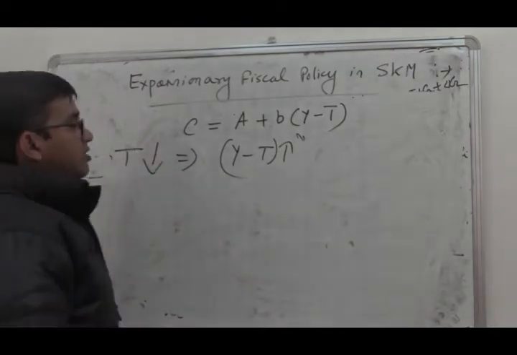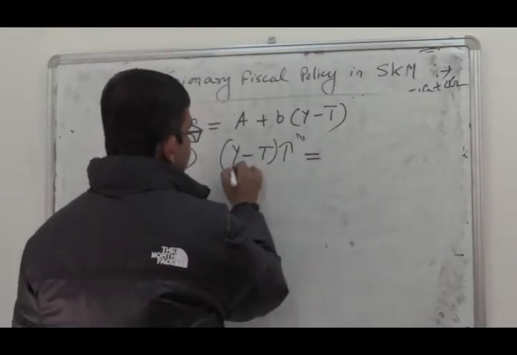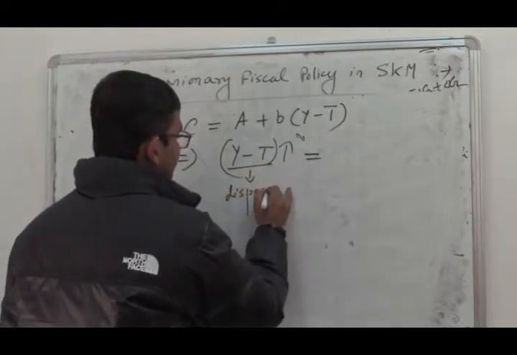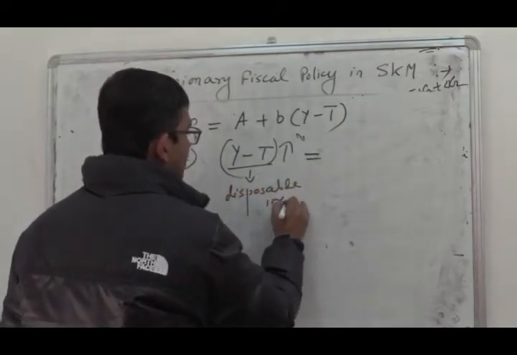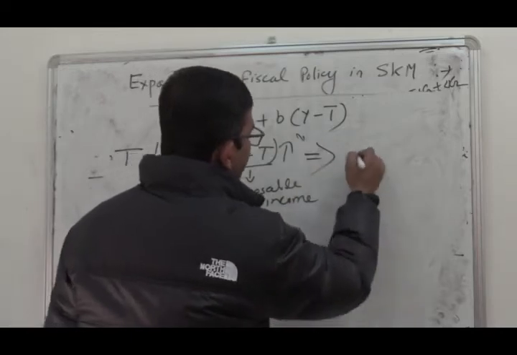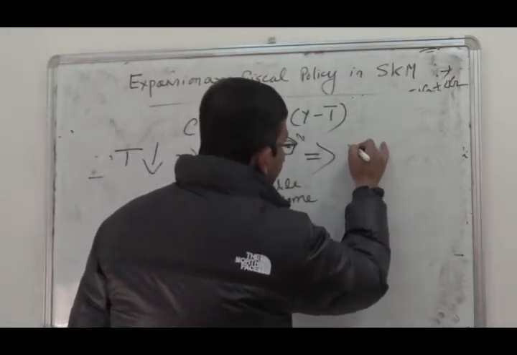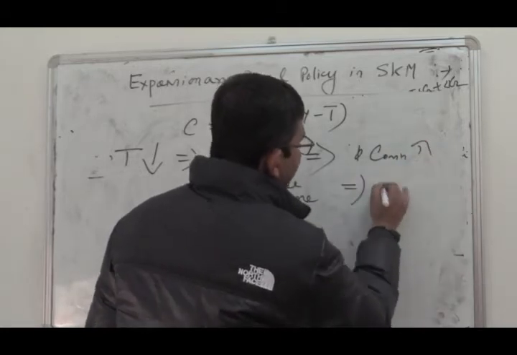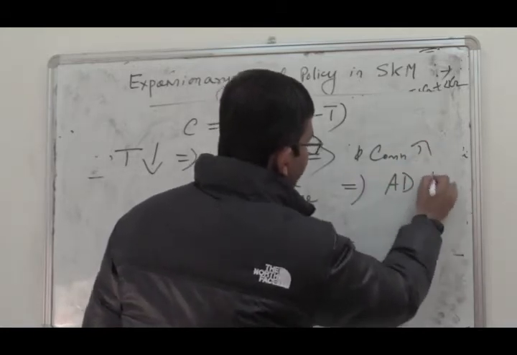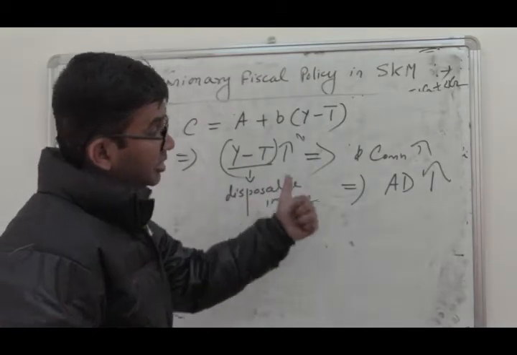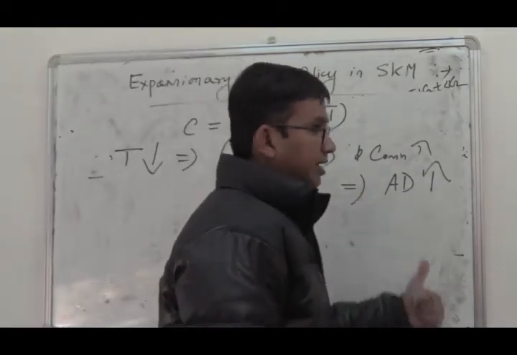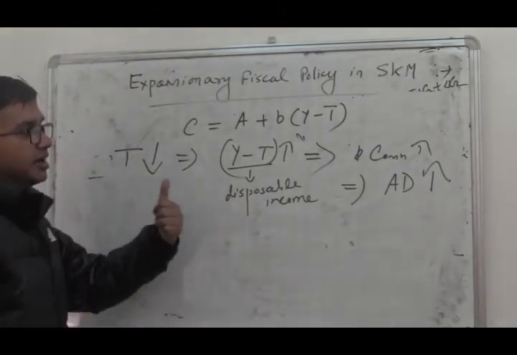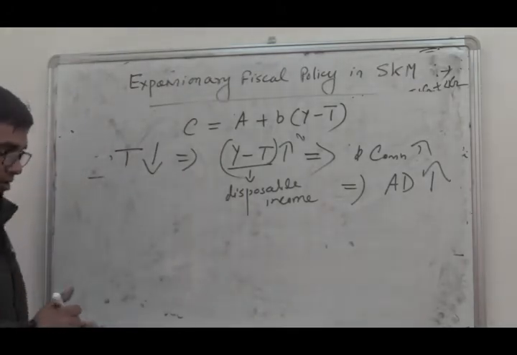If Y minus T increases, that means disposable income increases, which implies consumption will increase, other things remaining constant. If consumption increases, that will increase the aggregate demand, and an increase in aggregate demand definitely means an increase in the level of output and employment.